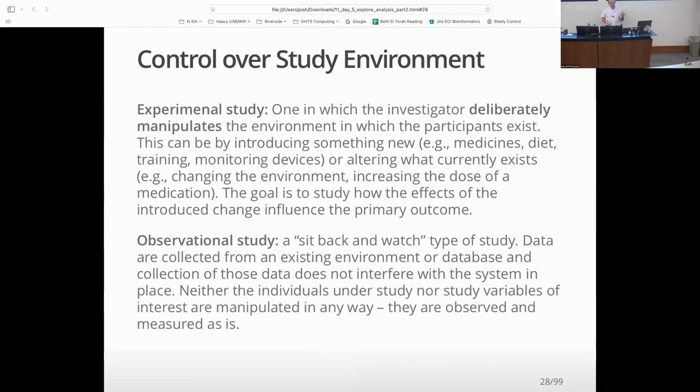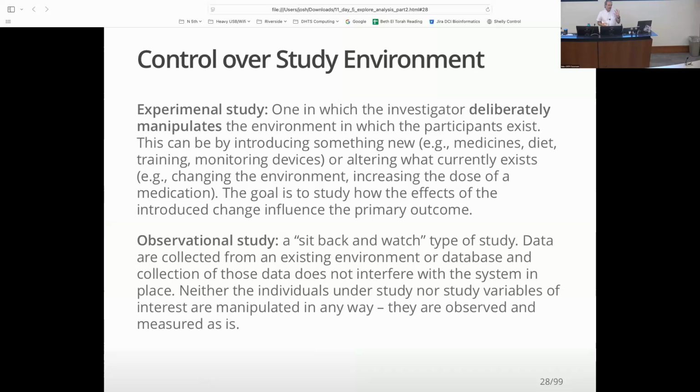And then usually the goal of an experimental study is to see how that manipulation influences the primary outcome, right? So that's an experimental study. You're actually doing an experiment.